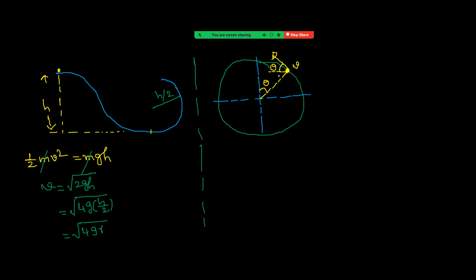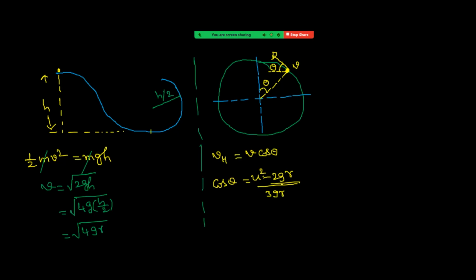In case of an oblique projectile, at the highest point, velocity equals v cos theta. Now see what I'm doing here. Already we have learned how to find this theta, right? So we have learned cos theta equals (u square minus 2gr) upon 3gr.